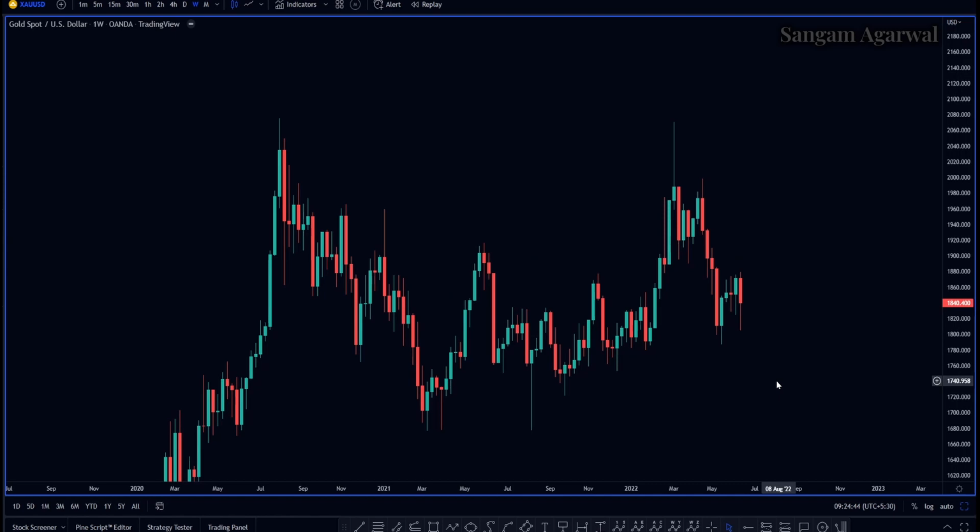And you can see on the weekly time frame, since the Fed QT speculation has started, gold price is trading almost in the same range. The only reason it got outside this range was the Ukraine invasion.